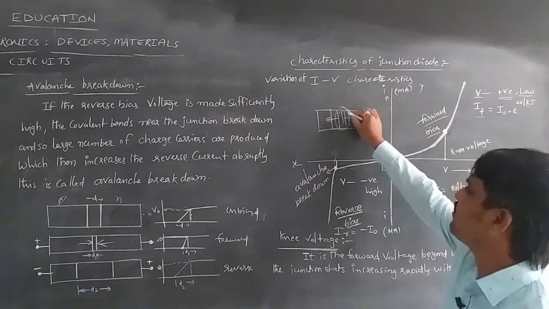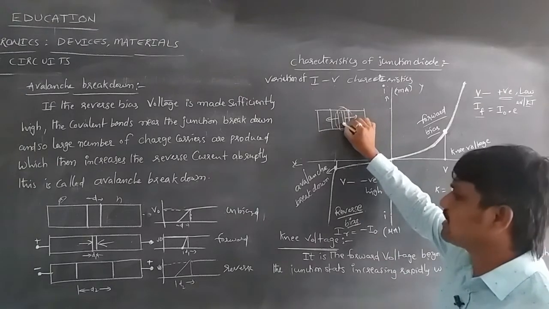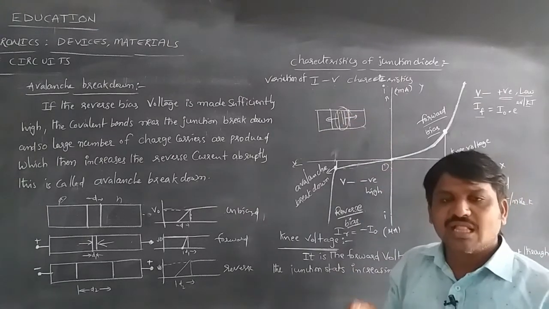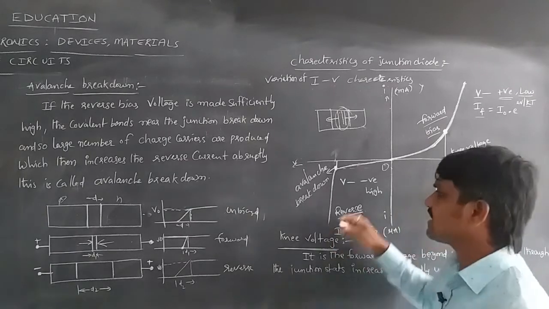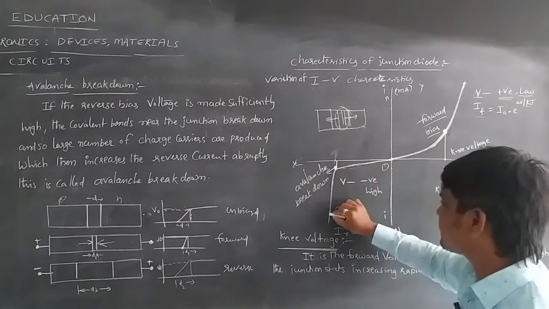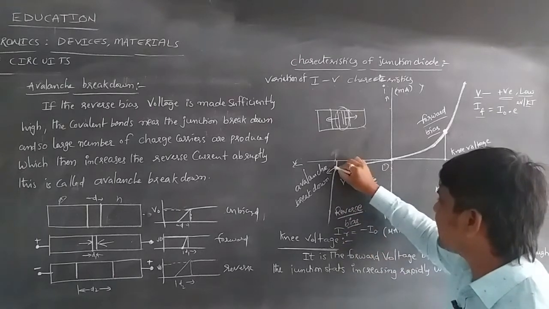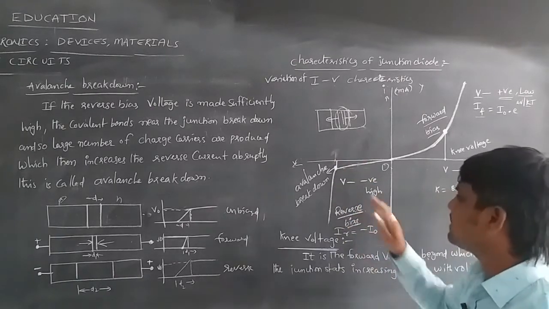Whenever the covalent bonds break, the reverse current rapidly increases at that breakdown.